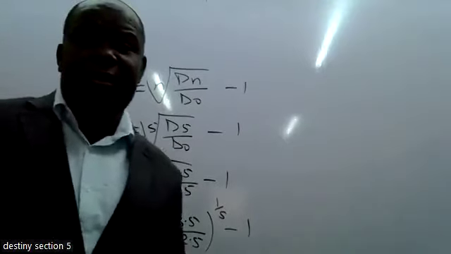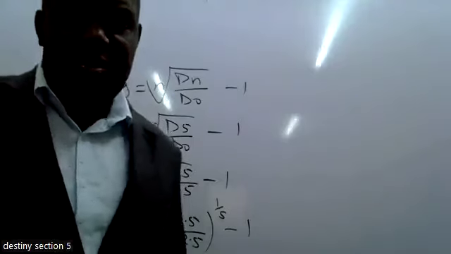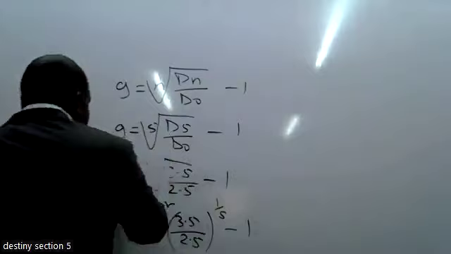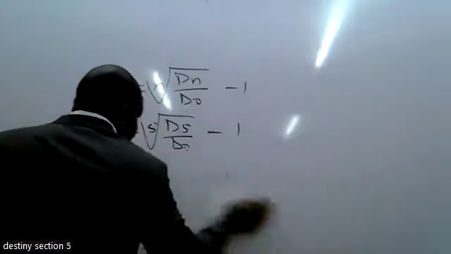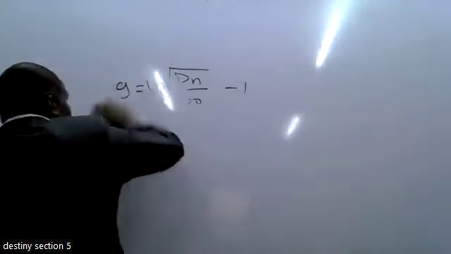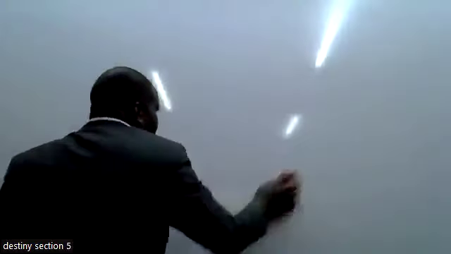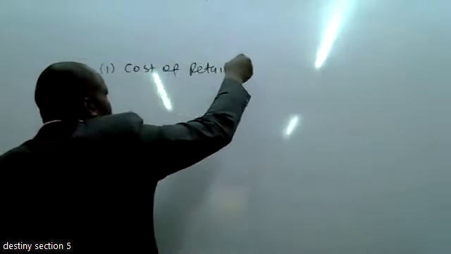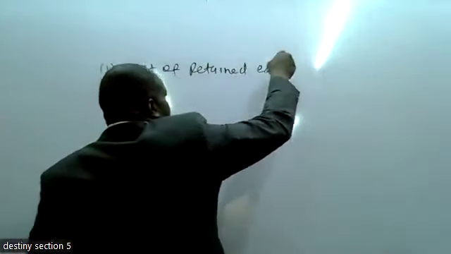Once we have the constant growth rate, we should now start again by computing the cost of the ordinary share. Sorry, we start with the retained earnings. Start off by calculating the cost of the retained earnings.